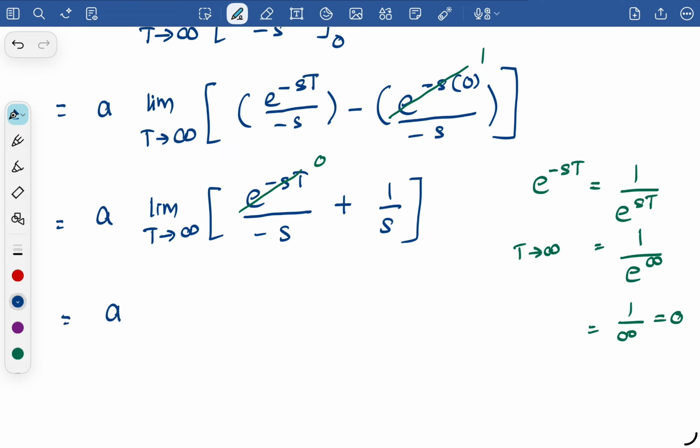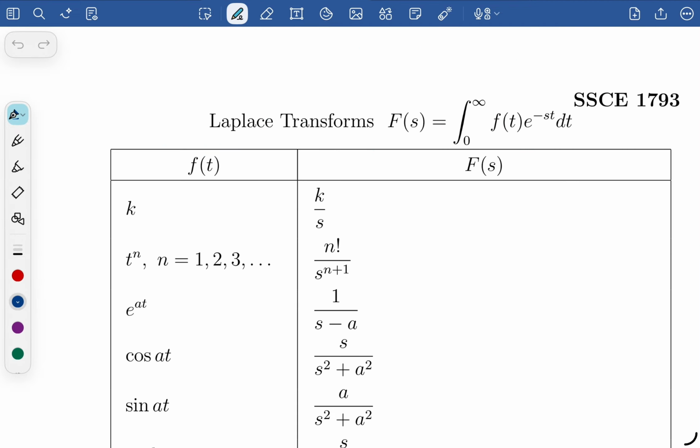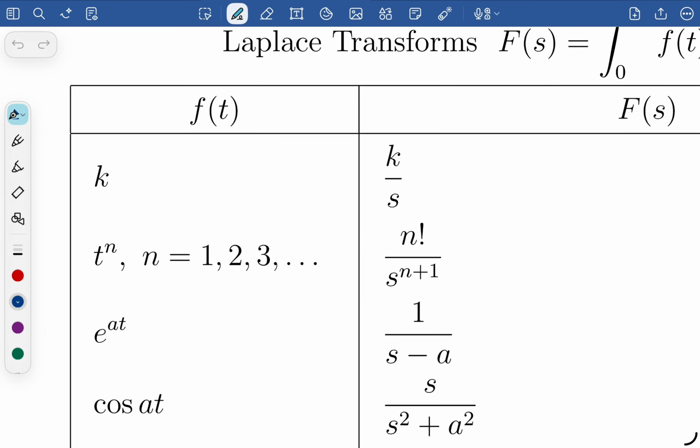So therefore, the value that we get here is only this 0 plus 1 over s. So the Laplace transformation for a constant is given by a over s, like this. This is what you'll see in the Laplace table here.